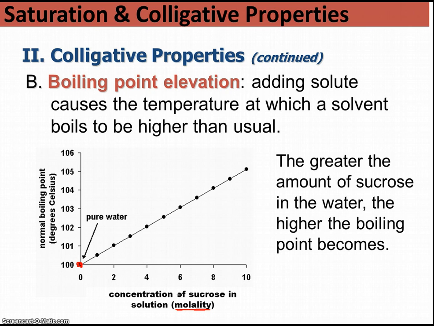So at a 0 molal solution, water is going to boil at 100 degrees. However, if you look at a solution that now has 6 molal of sugar, that's going to raise the boiling point by 3 degrees. It's now going to boil at 103 degrees. So as you can see, the greater the amount of solute that is added to, in this case, water, the higher the boiling point is.